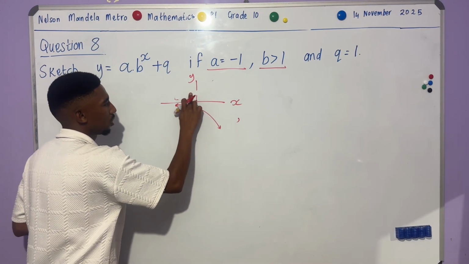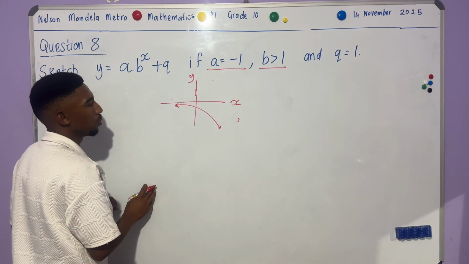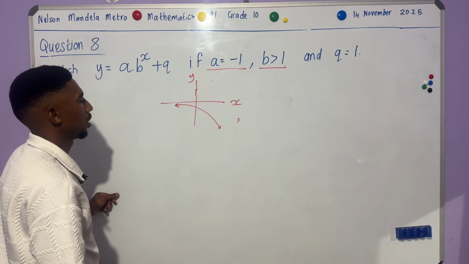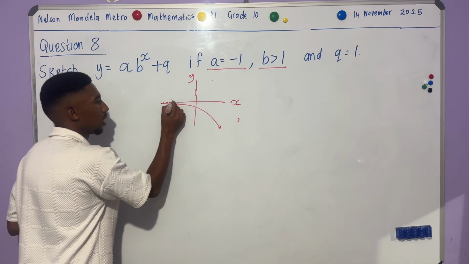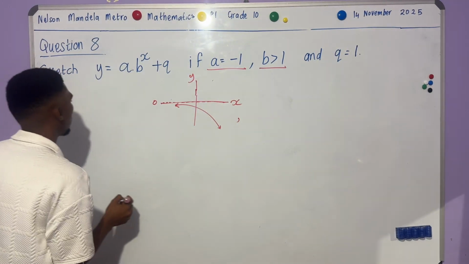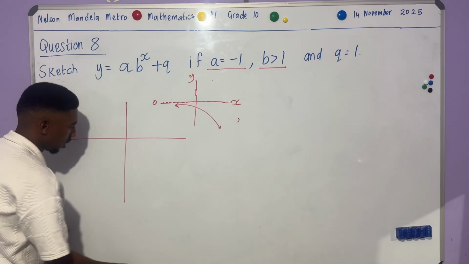So currently it is shifted like this, and then q being 1 means the graph will be shifted up by 1 unit. Currently the asymptote here is 0, so it is shifted up by 1. I can draw this quickly freehand.